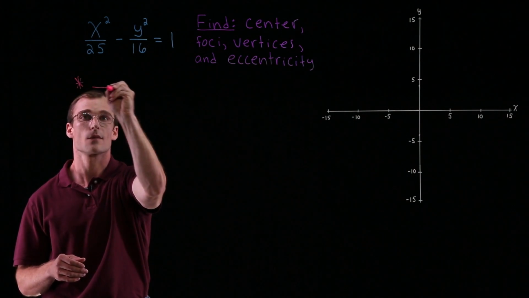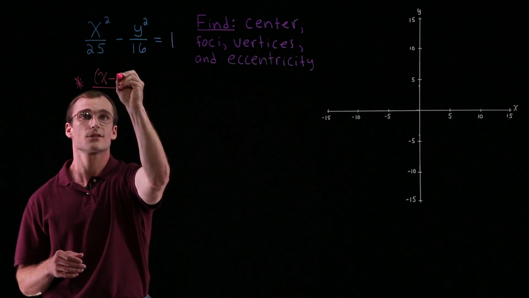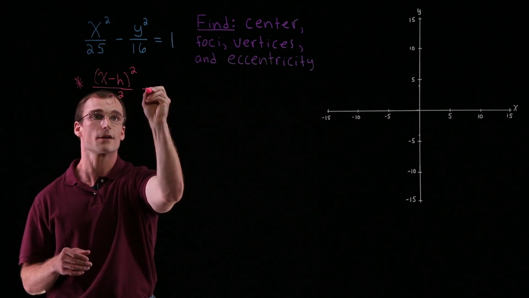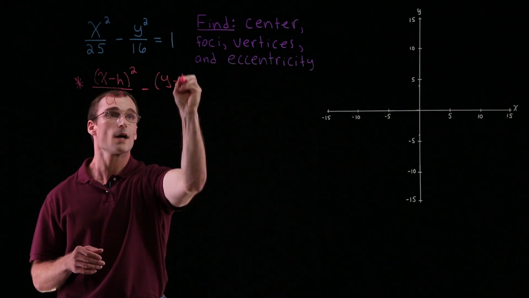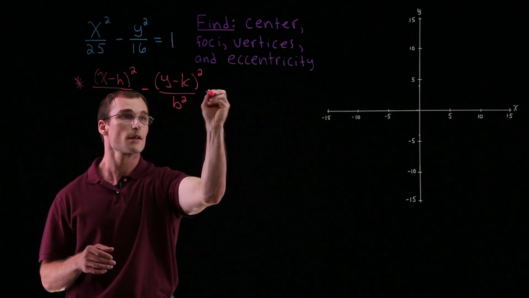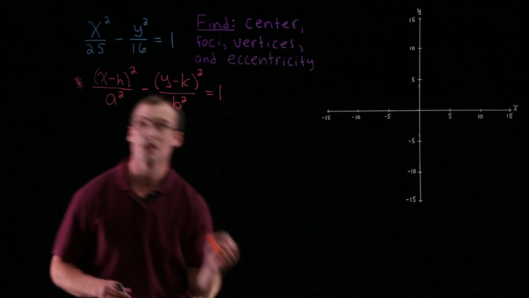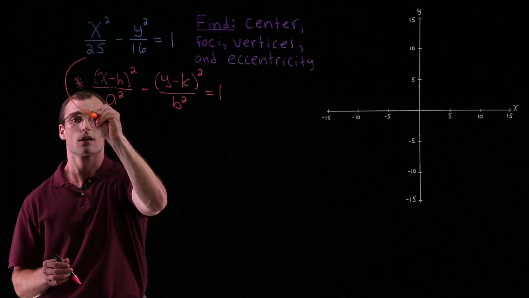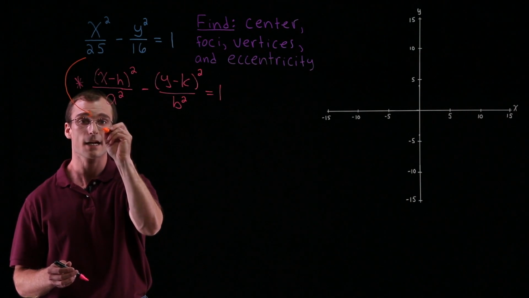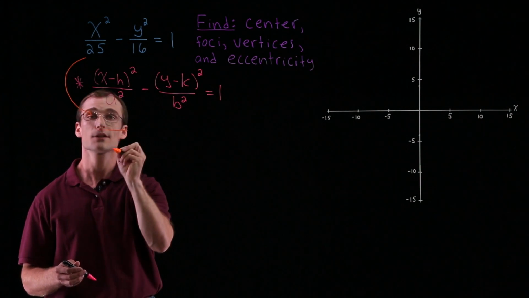Our standard form can be generalized like this: x minus h squared over some constant a squared, minus y minus k squared over some constant b squared, equal to 1. Writing what we have in standard form is going to help us find at least our vertices and our center. But let's go ahead and write it first.